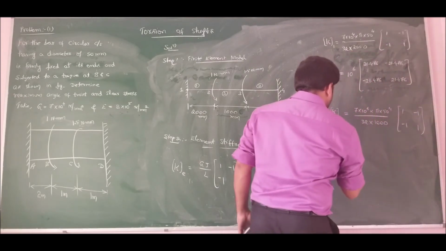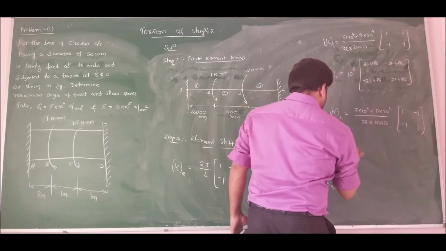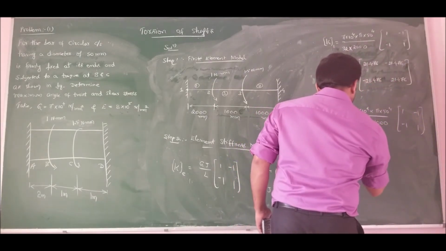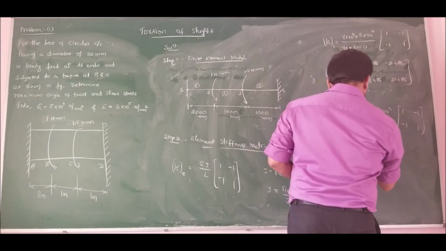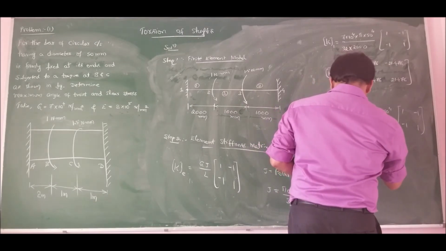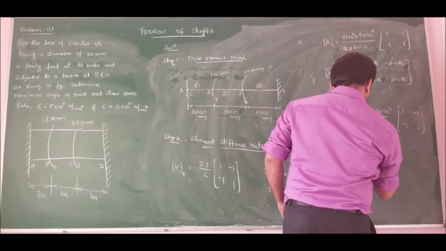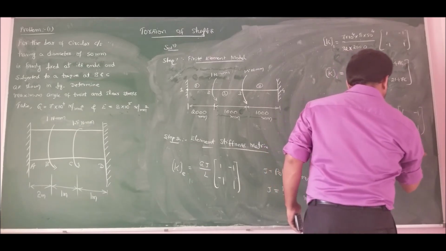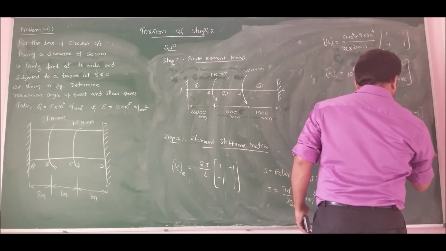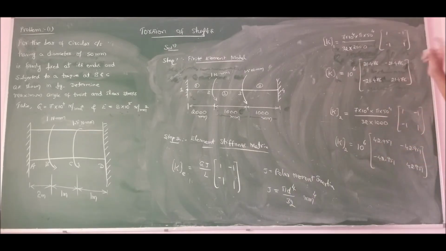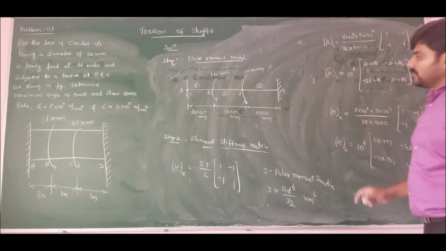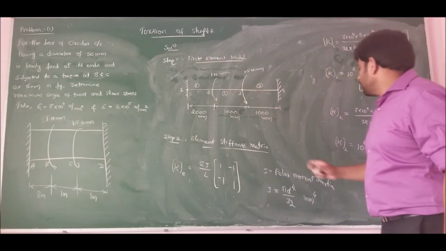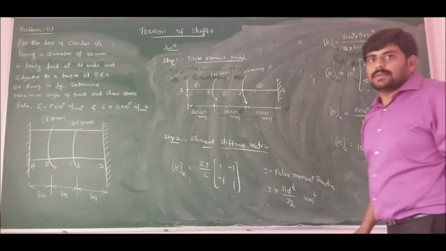If I substitute and solve, the element stiffness matrix for element 2 will be 10 raised to 6 taken out, leaving 42.951, minus 42.951, minus 42.951, plus 42.951. The modulus of rigidity and polar moment of inertia remain the same for both element 2 and element 3, therefore the stiffness matrix remains the same for element 3 also.